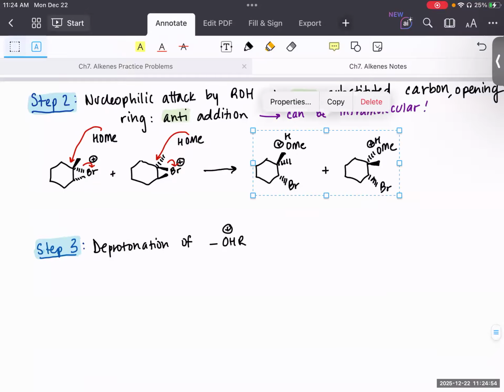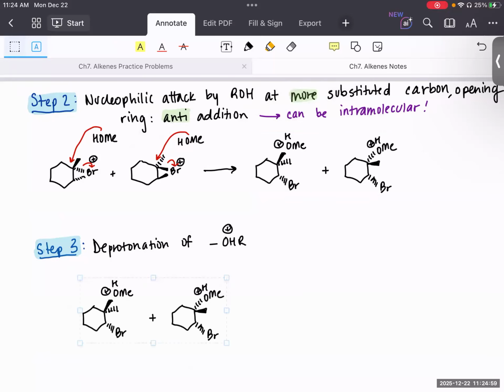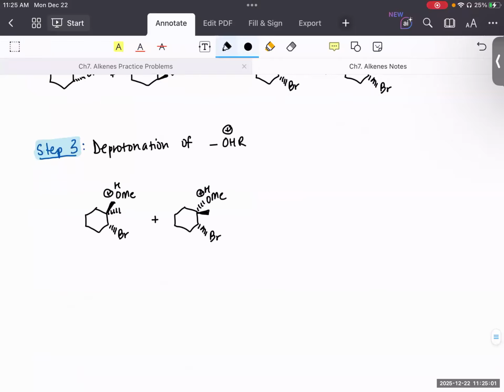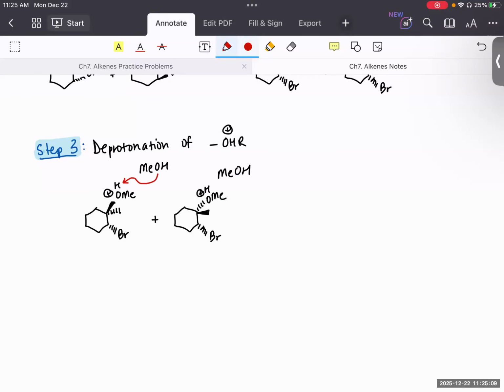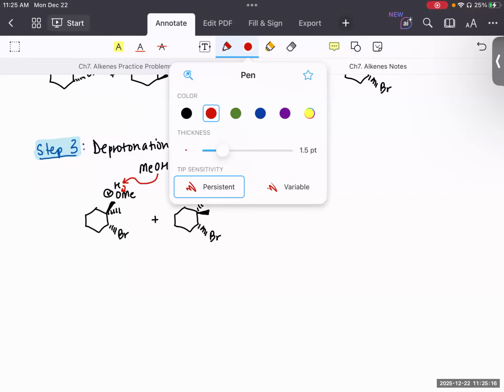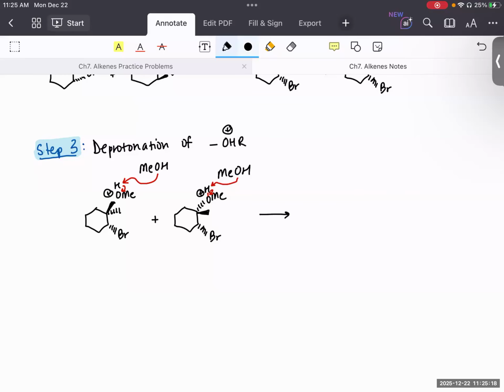Some classes will just use the bromide that you formed in step 1, so your instructor might be doing that, but either one is fine. We have these electrons from the oxygen come in and deprotonate, same thing here, and give those electrons to the oxygen. Altogether, very similar to all the other ones, we end up adding an OR group anti with that halogen.